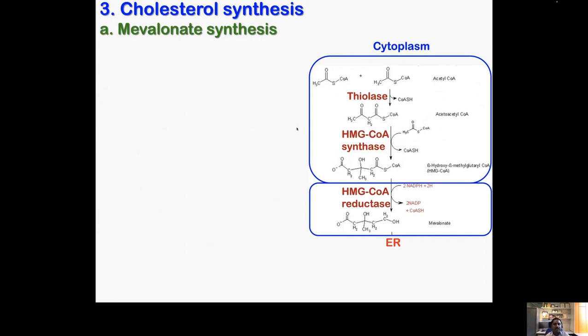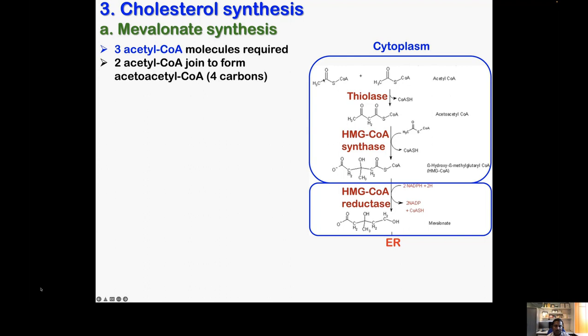First step, mevalonate synthesis. It's an important molecule during cholesterol biosynthesis. How is this going to be produced? We need 3 acetyl-CoA molecules in order to produce mevalonate. Acetyl-CoA, as we know, is a 2 carbon containing molecule. First, two acetyl-CoA molecules join together to produce a 4 carbon containing molecule called acetoacetyl-CoA.